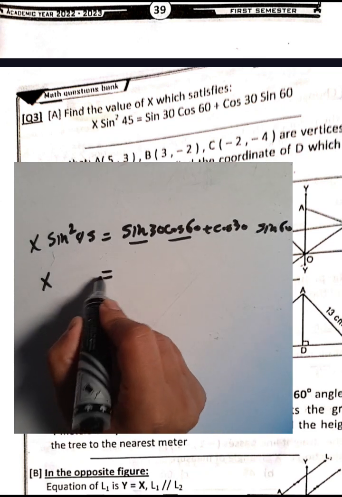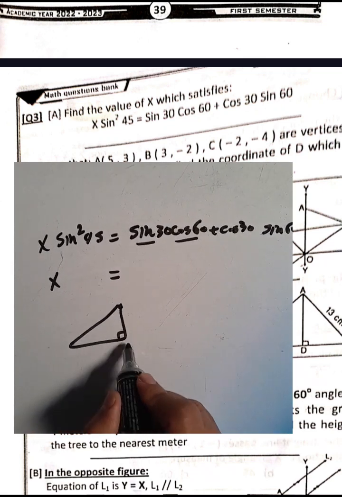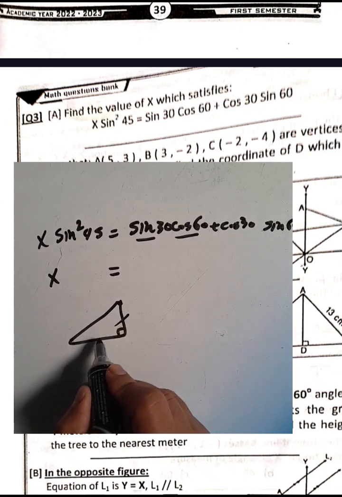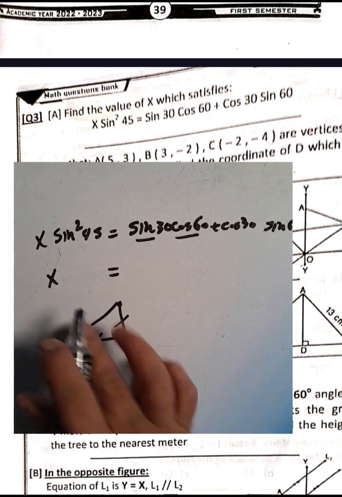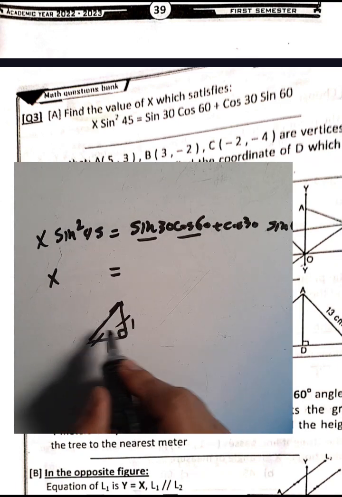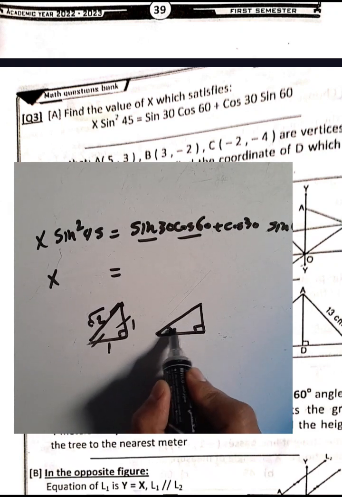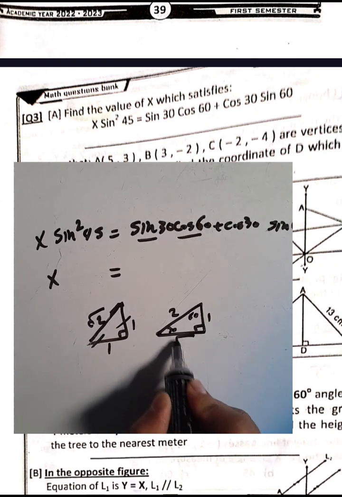We will solve it by using the properties of a right angle triangle, perpendicular at the vertex, and we have 45 and 45. Then we have an isosceles right angle triangle, so the sides will be 1 and 1 and root 2, and next we have 30 and 60, with sides 1, 2 and root 3.